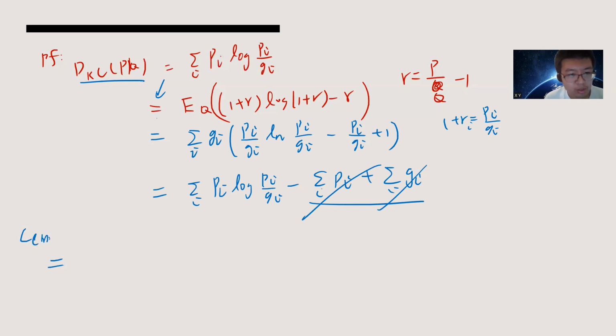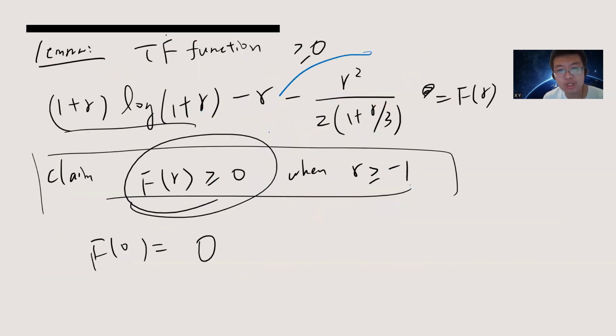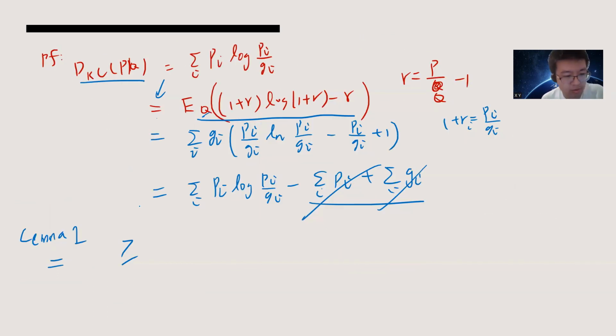So using lemma 1, this expectation value of (1 plus r) log (1 plus r) minus r is greater than or equal to, as we just proved, the expectation value under q of r squared divided by (1 plus r divided by 3).